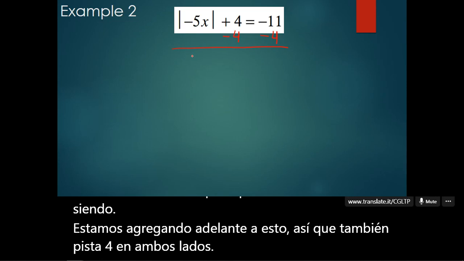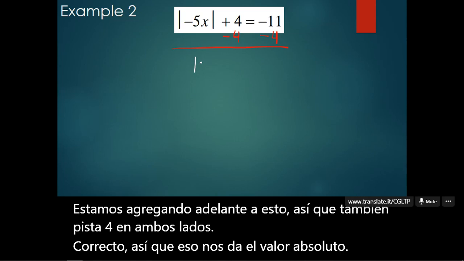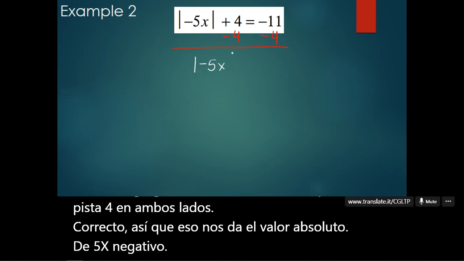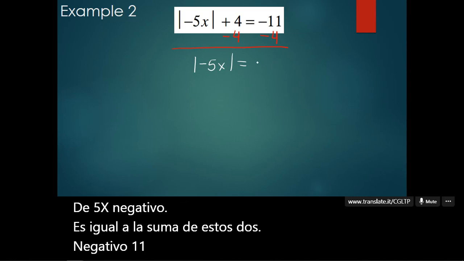All right, so that gives us the absolute value of -5x is equal to the sum of these two. -11 minus 4 is -15. And we're pretty much done.